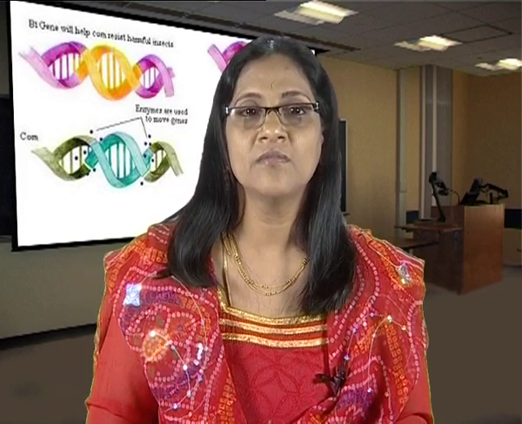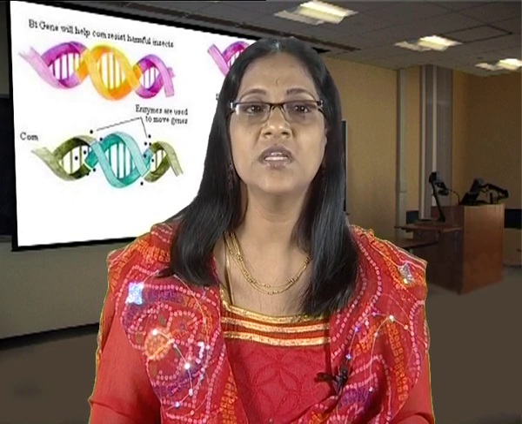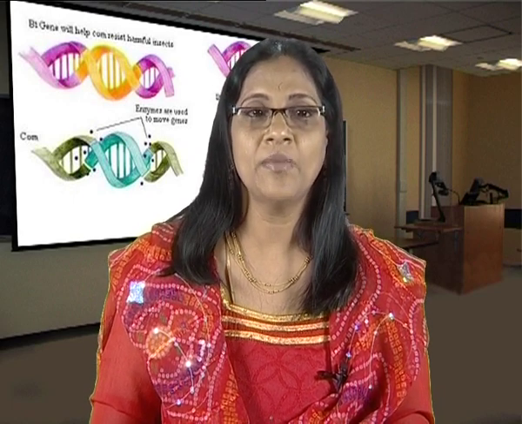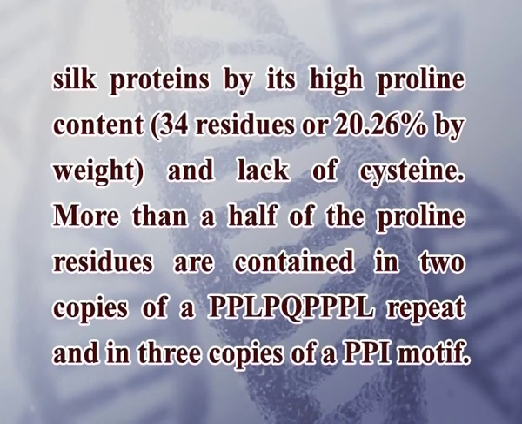The secreted seroin: after the signal peptide removal, the seroin peptide of Galleria differs from all known silk proteins by its high proline content, 34 residues or 20.26% by weight, and lacks cysteine. More than half of the proline residues are contained in 2 copies of PPLPQ, PPPL repeat, and in 3 copies of PPI motif.